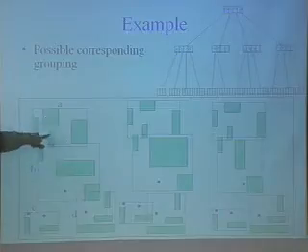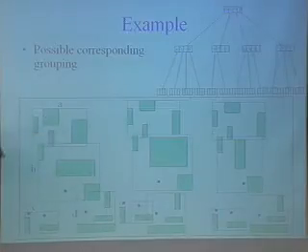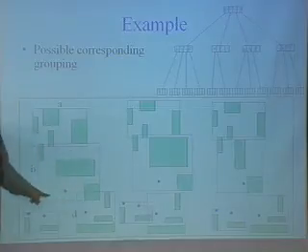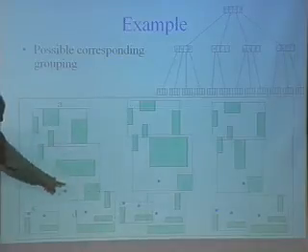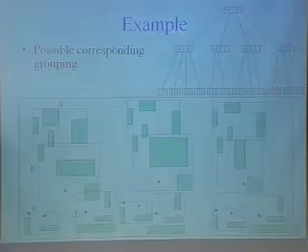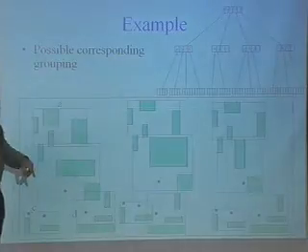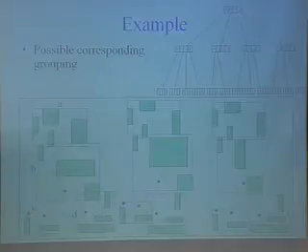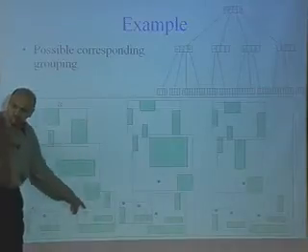Okay, so it's got these 4 green rectangles in it. The next leaf, B, represents this grouping, so it's got these 3 rectangles in that point. And then its sibling represents this rectangle, okay, and its sibling represents this one.